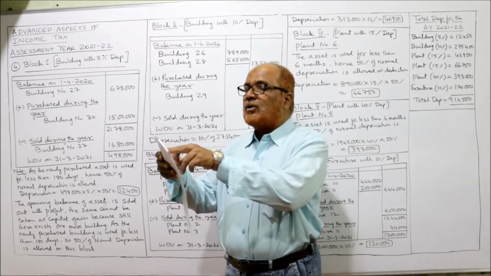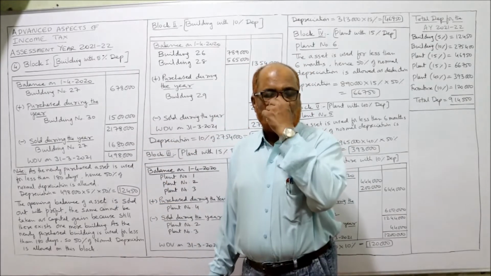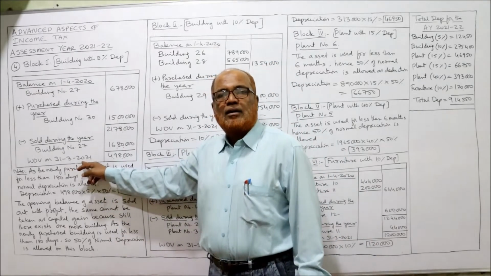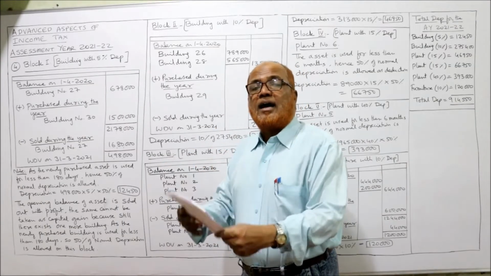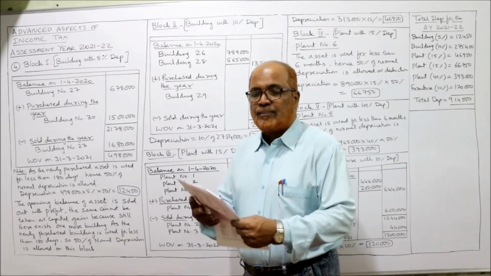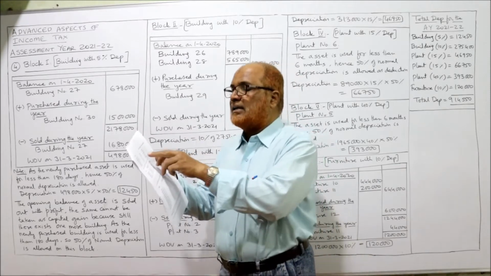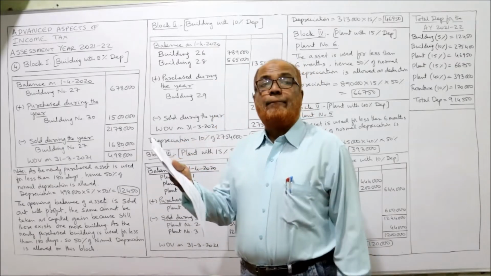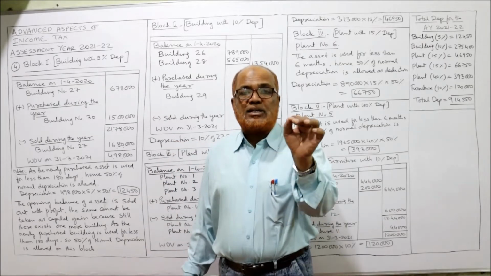The first, building number 29, was purchased on 4th April 2020, and our year ends on 31st March 2021. So it is used for more than 180 days. The second, building number 30, was purchased on 10th January 2021.